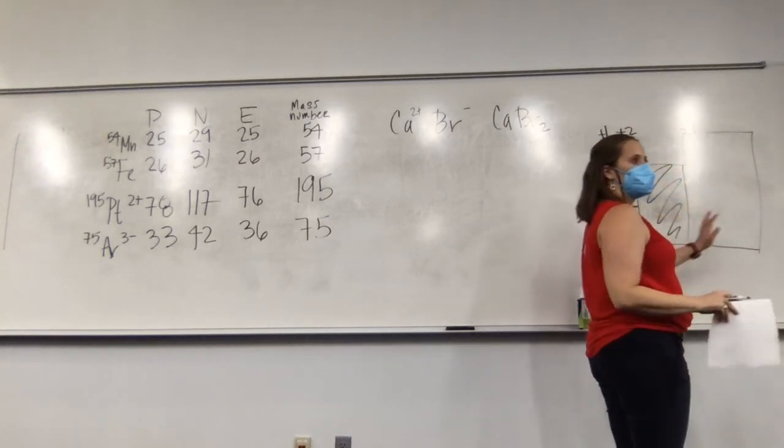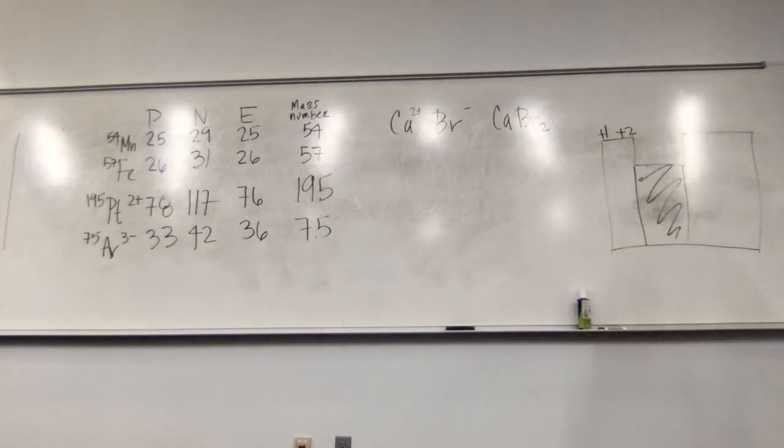So you could, on your periodic table that you're not going to carry around with you all the time, label across the top what the charge states are. For the transition metals, you will have to use context clues.